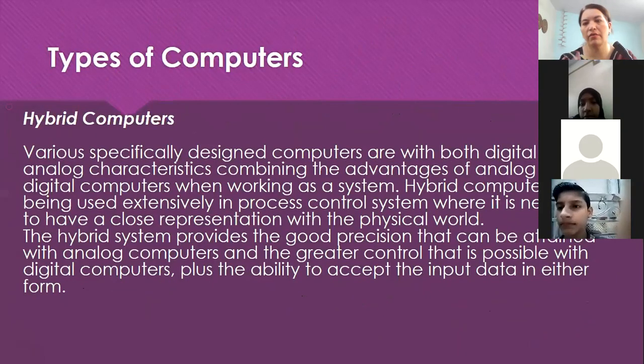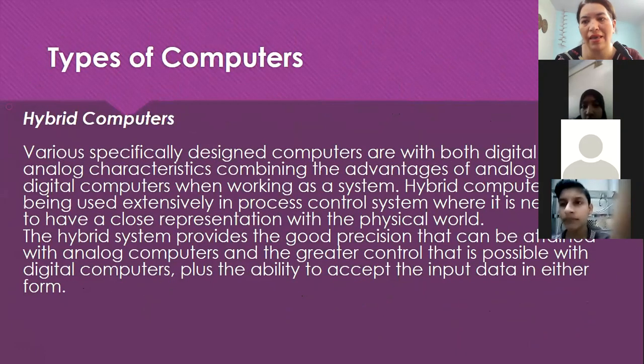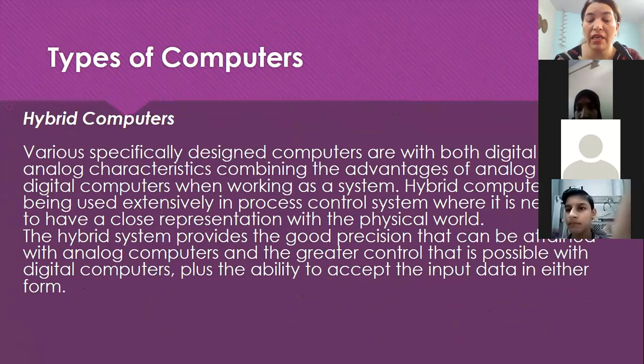One more, hybrid computers. A hybrid computer is actually a combination of analog and digital. Whenever we need a machinery which can provide the continuous data and can produce a solid result, a physical quantity result, that means we need to have a combination of analog and digital both.